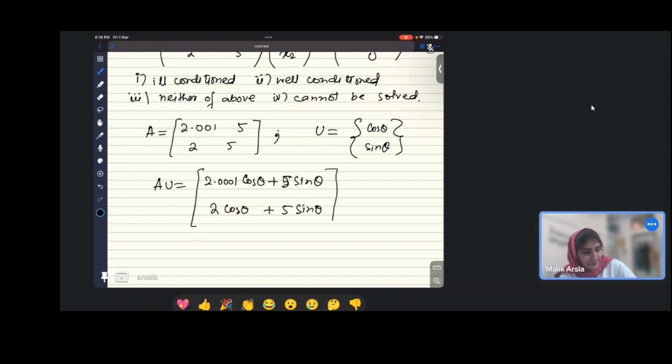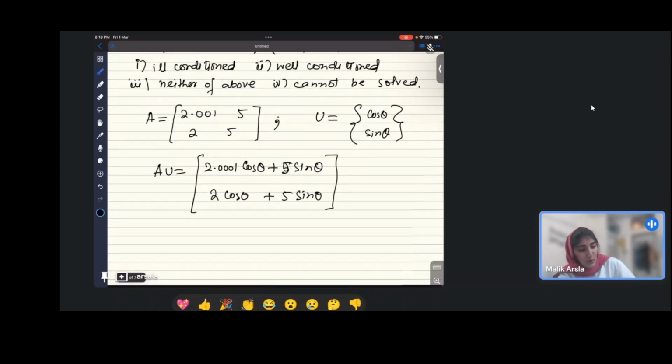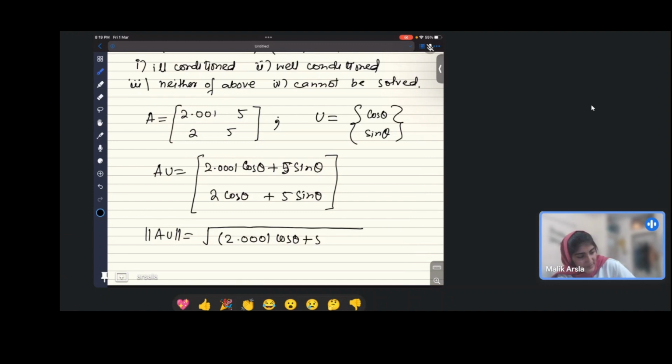Now, what is the norm of AU? It will be 2.0001 cos theta plus 5 sine theta whole square, plus 2 cos theta plus 5 sine theta whole square. Correct?